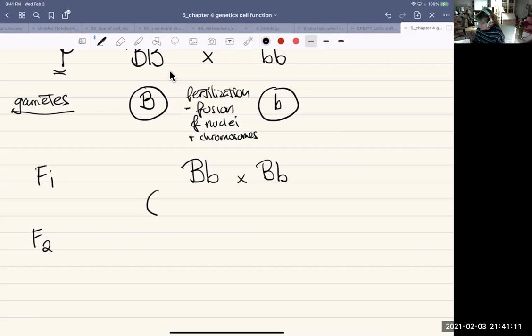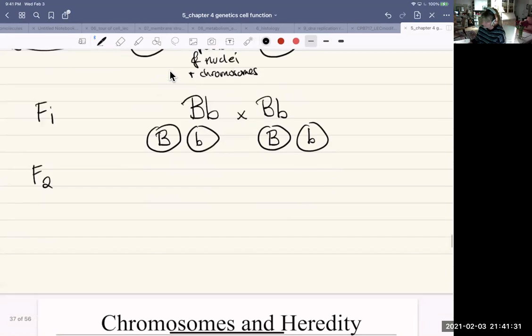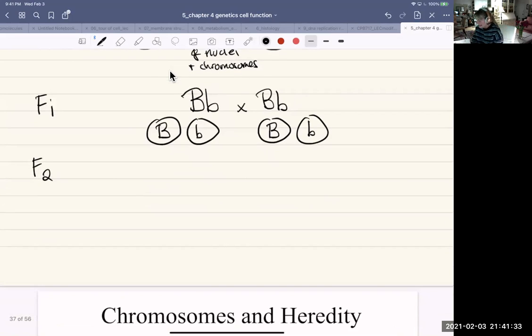Well, for this individual, one gamete could have a big B, the other one a little b. For this individual, one big B and one little b, because these alleles are in chromosomes, and those chromosomes have been pulled apart into different cells that are eggs or sperm. So that's a little bit more difficult to assess. That's why you use a Punnett square.